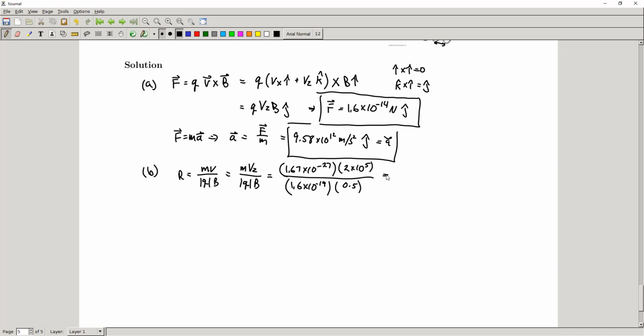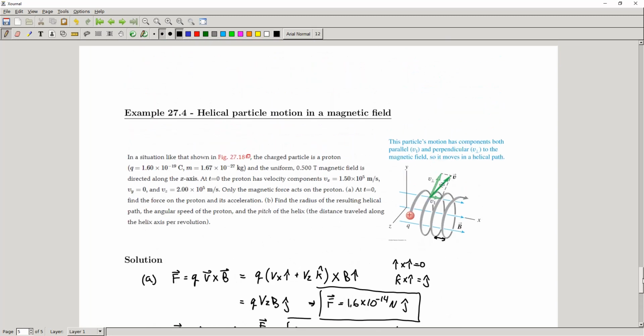If you were to do that calculation, you would end up finding that R is equal to 4.18 times 10 to the minus 3 meters. Okay, so that's the radius. That's the radius of this helix, right? So you can imagine like the radius of these loops.